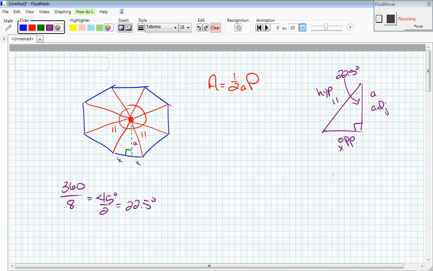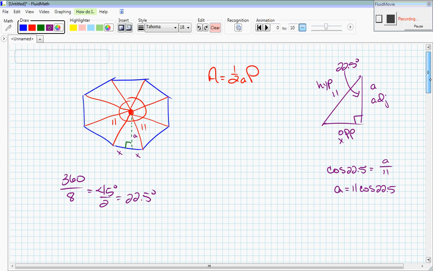So to find the apothem, we would take the cosine of 22.5 equals A, adjacent, over the hypotenuse, which is 11. So to solve for A, we need to isolate. To get rid of the division by 11, we would multiply. So A equals 11 times the cosine of 22.5. Okay, so that's the apothem, and we'll leave it in terms of cosine. We don't want to round that decimal until the end.